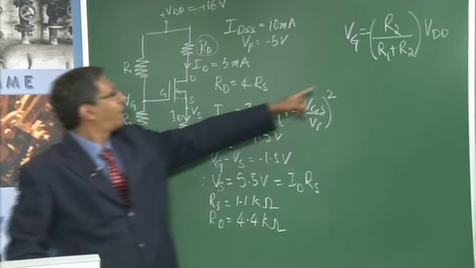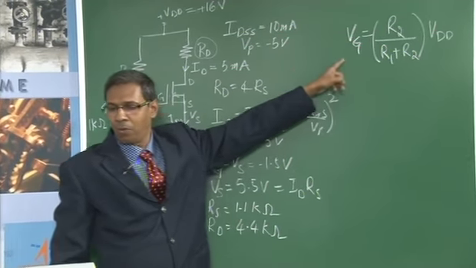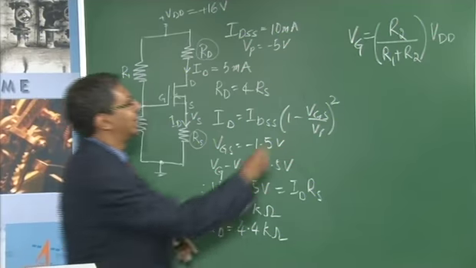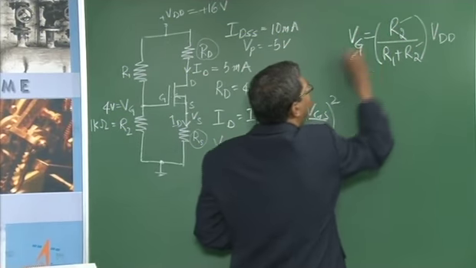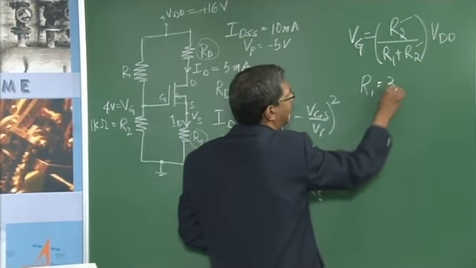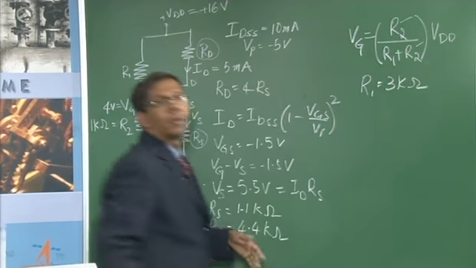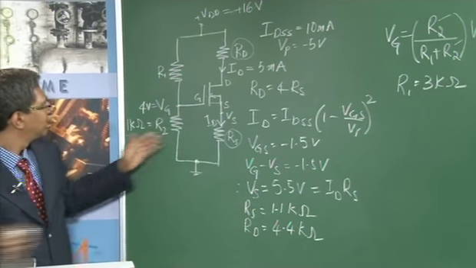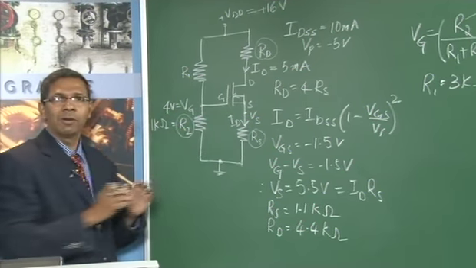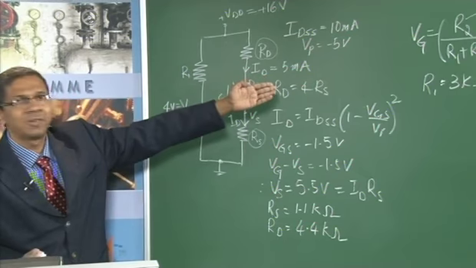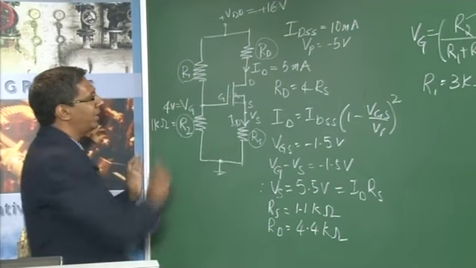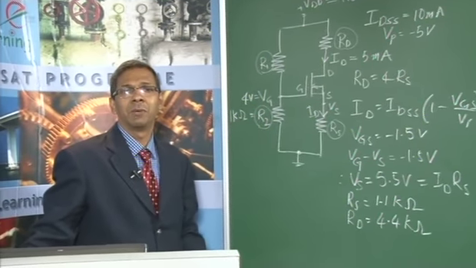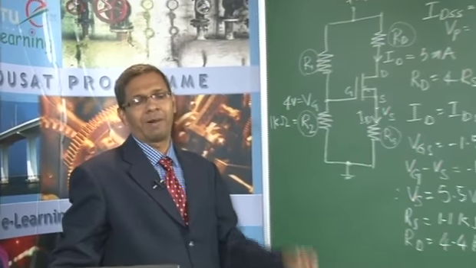If you apply R2 as 1K here, everything else is known, and we are going to get R1 as 3K. So with this, we have found out RD, we have found out RS, we have assumed R2 to be 1K, and using the voltage divider equation, we have found out R1 to be 3K. So with that, we would have completed the entire design for voltage divider bias.